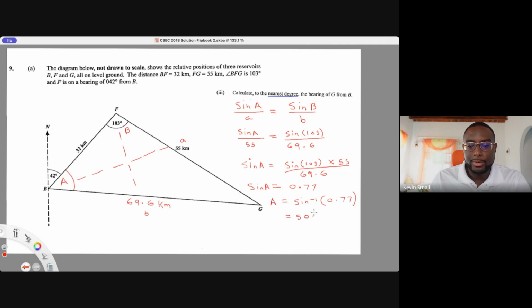50.35. Now, of course, since the question is saying nearest whole number, I'll probably just report it as 50.